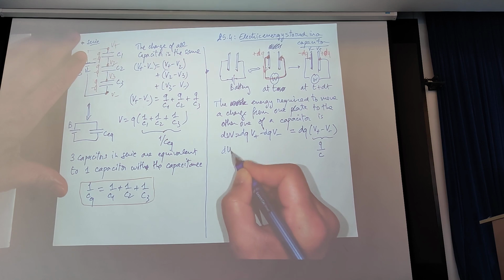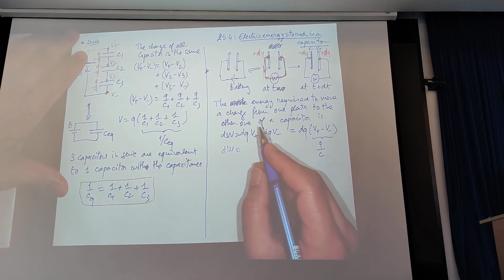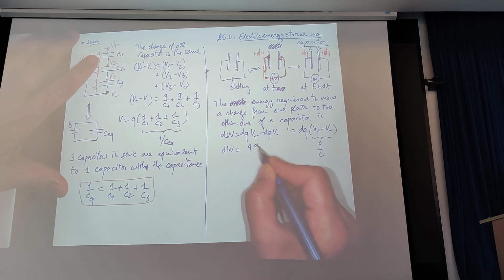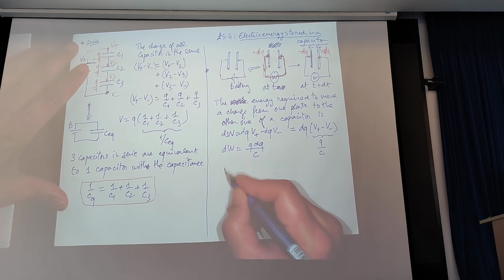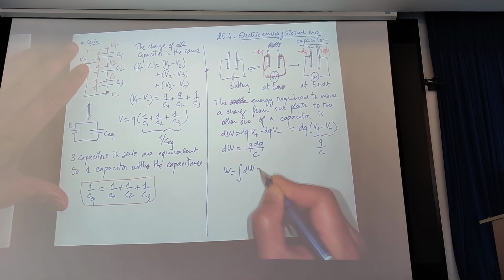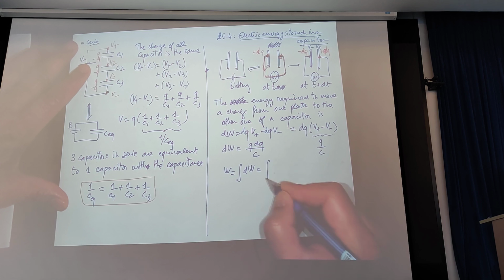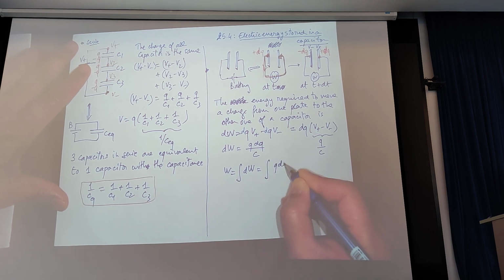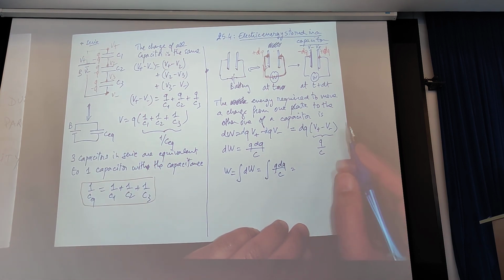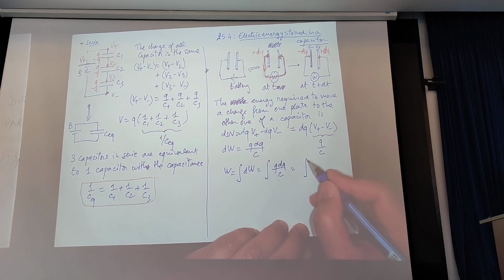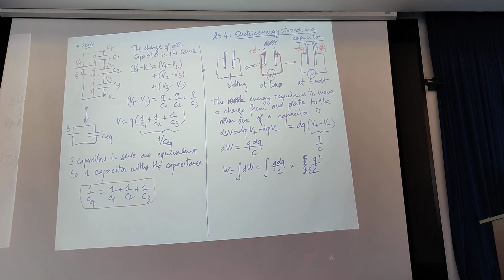So dW is equal to Q dQ over C. Okay, so the total work, of course, is the sum of all this work and is equal to Q squared over 2C. Okay. Oh, sorry. Sorry about this.